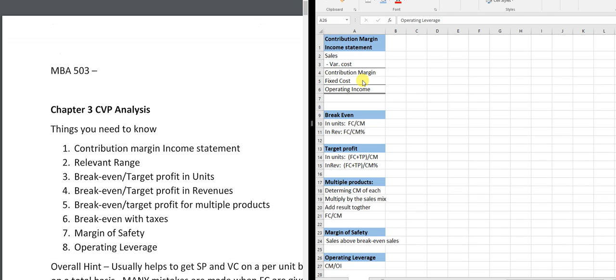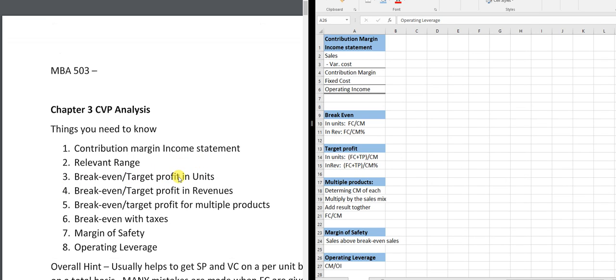So you don't argue, oh, my fixed costs will go up if I double production. No, you tell us how much you're going to make, and we determine the fixed costs for that range where fixed costs and variable costs per unit stay the same. Relevant range: variable cost per unit and fixed cost in total stay the same.